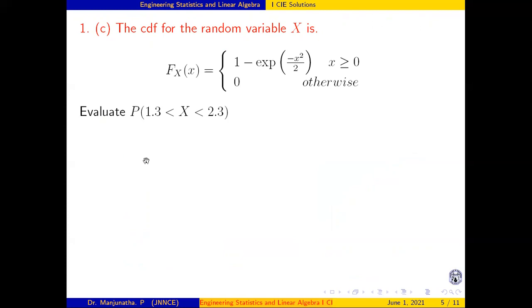We have to find the probability between 1.3 and 2.3. The probability of 1.3 less than x less than 2.3 is, by the property of the CDF, F_X(2.3) minus F_X(1.3). We just substitute these values and subtract.